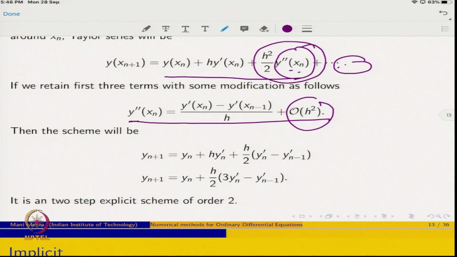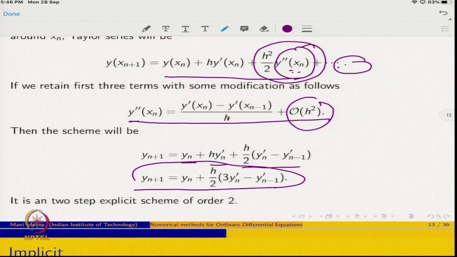So, with this yn plus 1 is equal to yn plus h y dash xn, and here I substitute the value of this, after that I will get this thing. Okay. So, it is a two step method. Again you will call it an explicit method or implicit method?